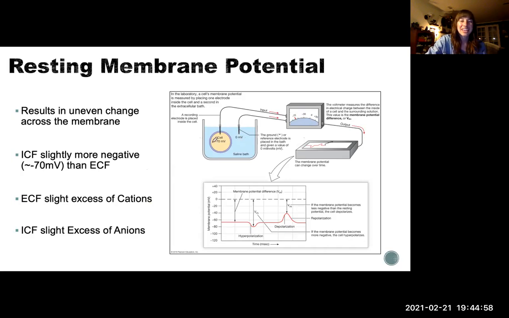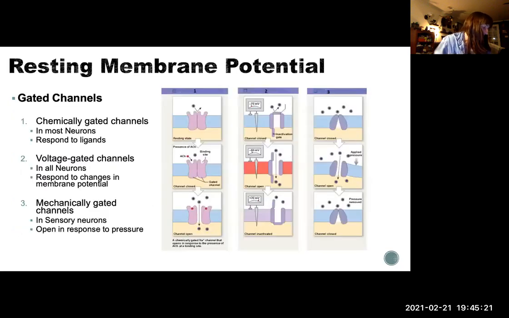Okay, so the intracellular fluid is slightly more negative than the extracellular fluid, and minus 70 is accurate for a lot of your neurons. Okay, so the extracellular fluid has a slight excess of cations, right, and the intracellular fluid has a slight excess of anions.